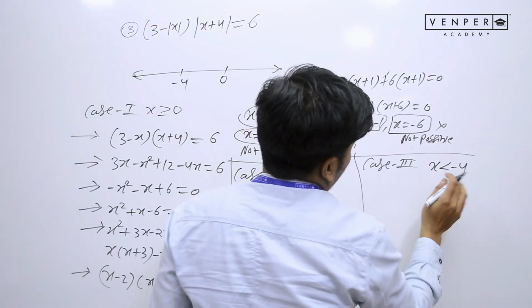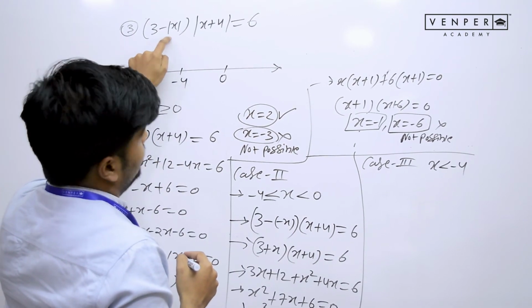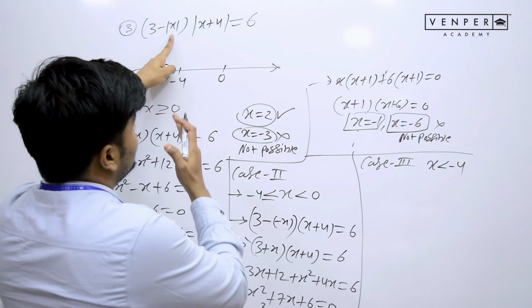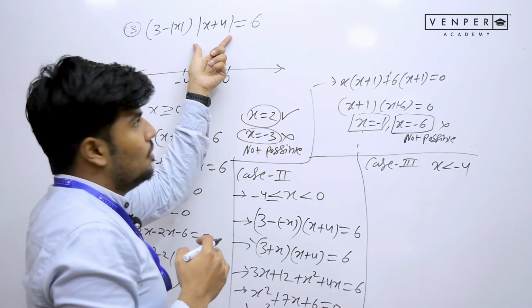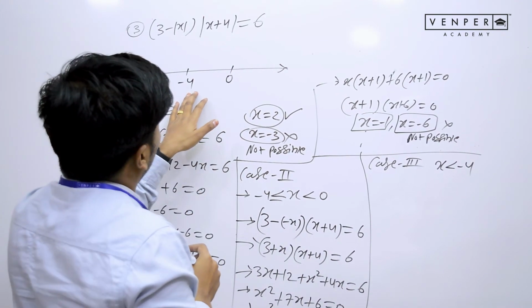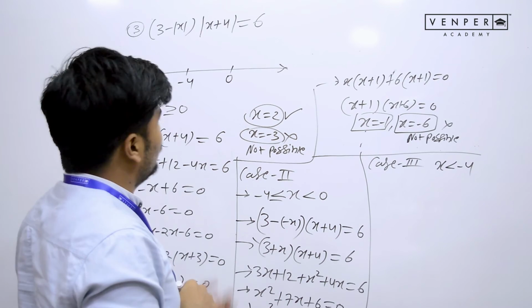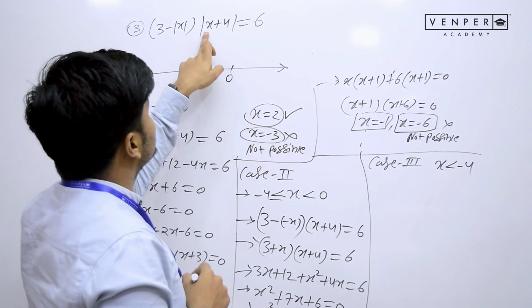Let's take it. If you take values less than -4, don't you think this x will be negative? Because it is only positive for values of x greater than 0. And this modulus is only positive for values of x equal to -4 or greater than -4, not less. So if you take any value less than -4, let's take -5, x + 4 is -1.